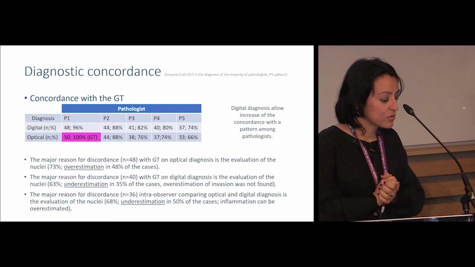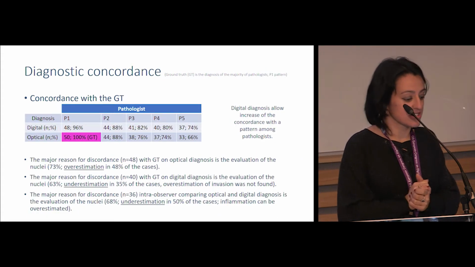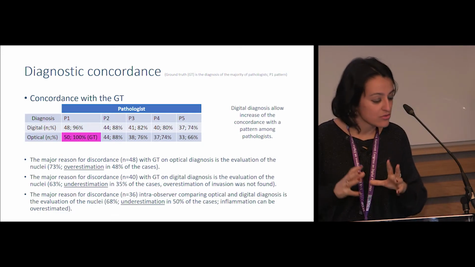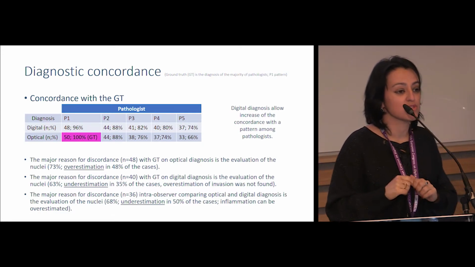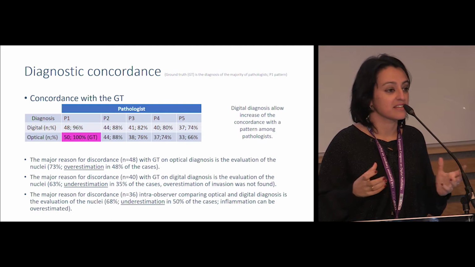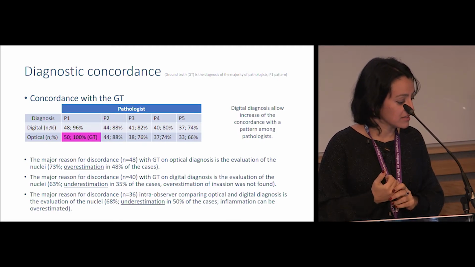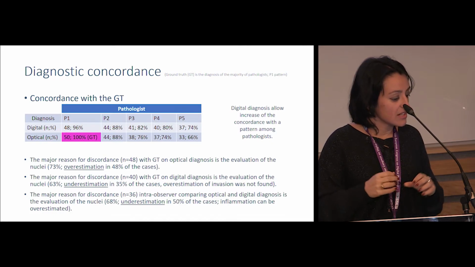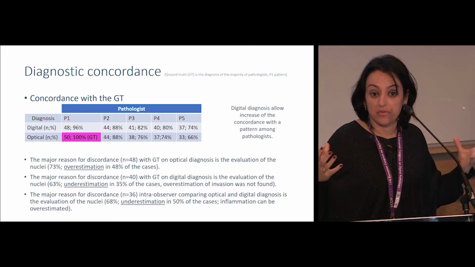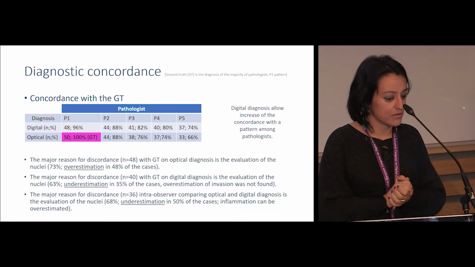And now, what we are expecting, diagnostic concordance. We try to establish a ground truth, and here the diagnosis of the majority of the pathologists, which was coincident with the P1 pattern, by the way, in the optical diagnosis, was established. So the pathologist's optical result was the pattern.